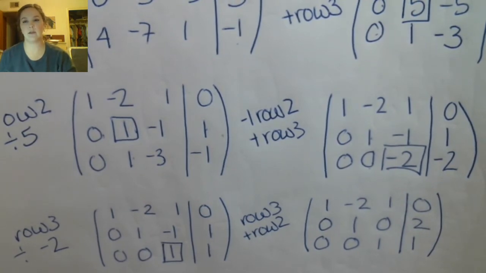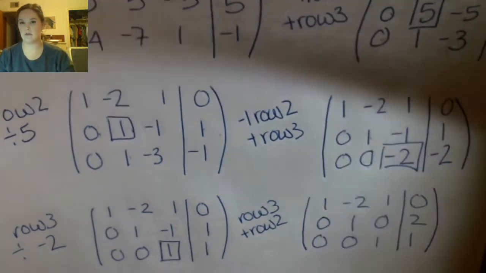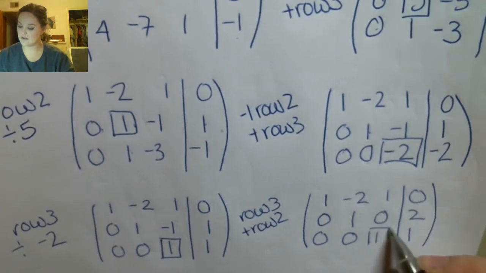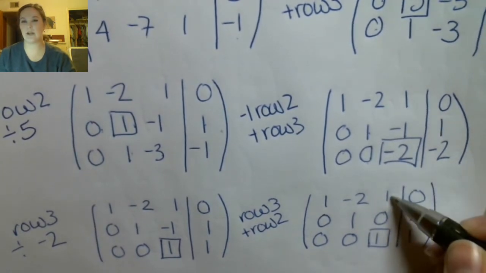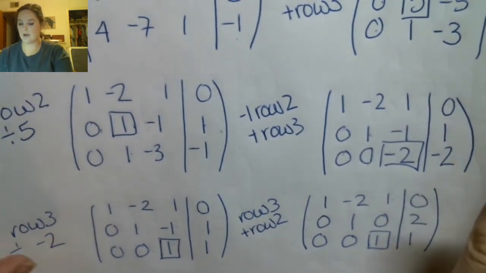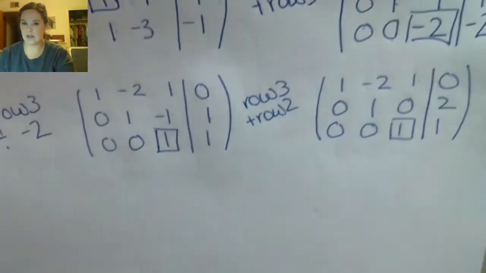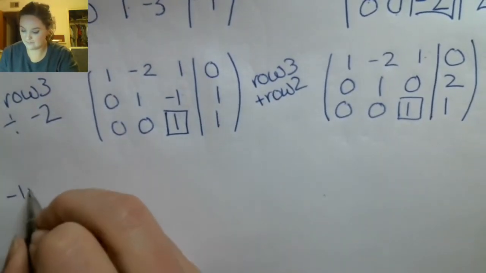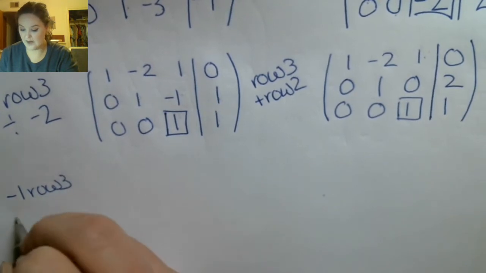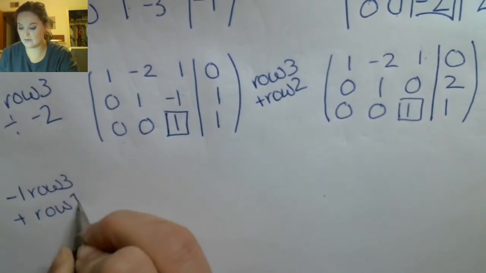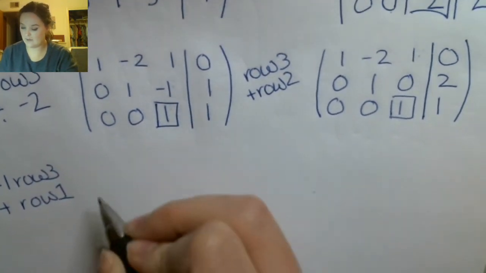Okay, and now I'm still using this position, and I want to use it to eliminate here. So I'm going to multiply row 3 by -1, and add that to the first row.